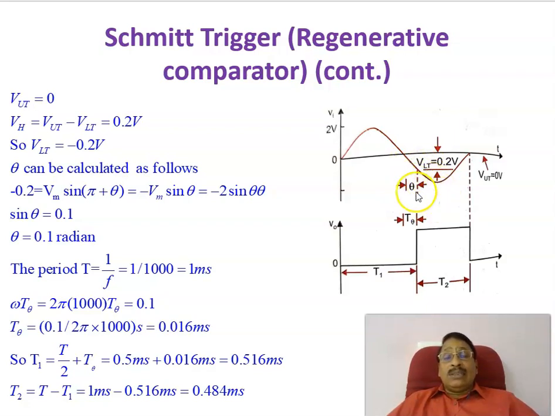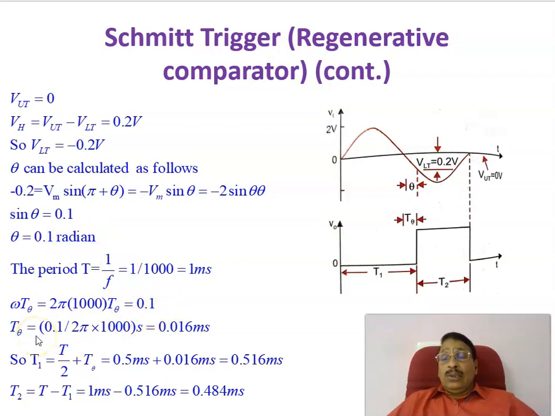Now you have to convert this radians into seconds. Omega times t theta, where omega is 2 pi into the frequency, is equal to 0.1.